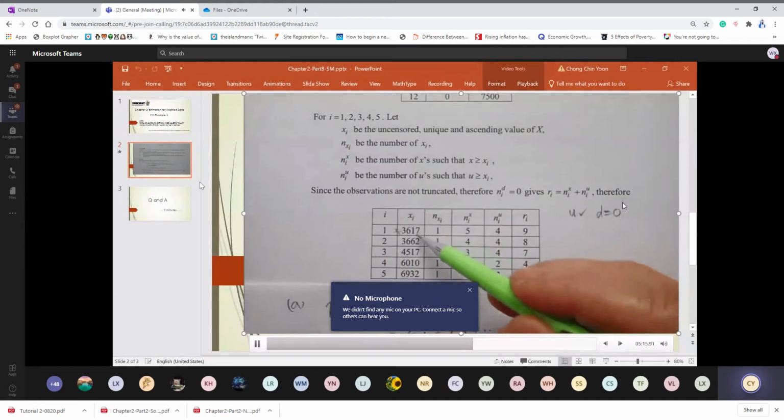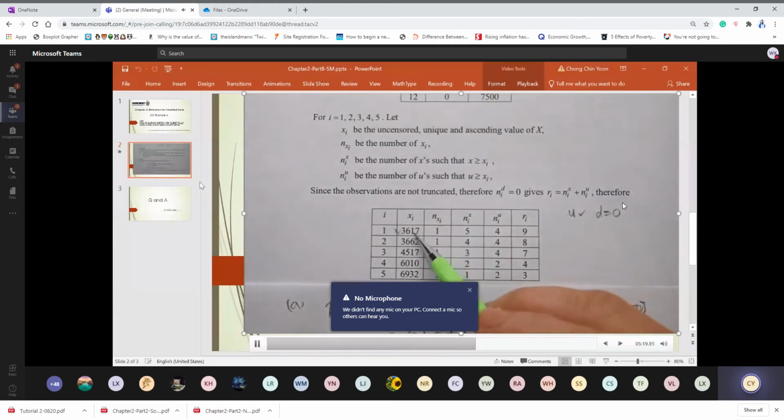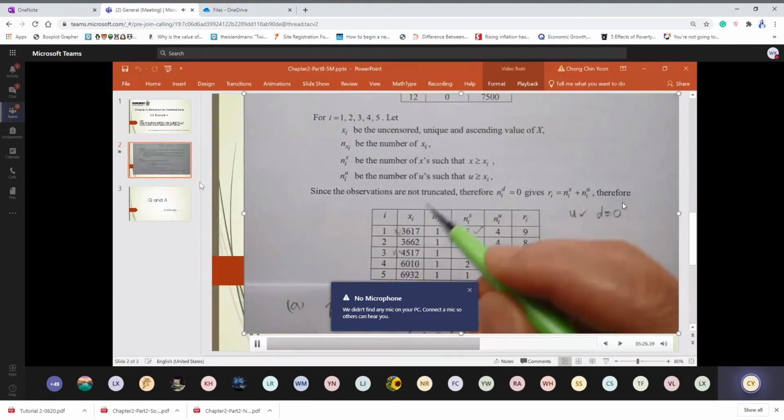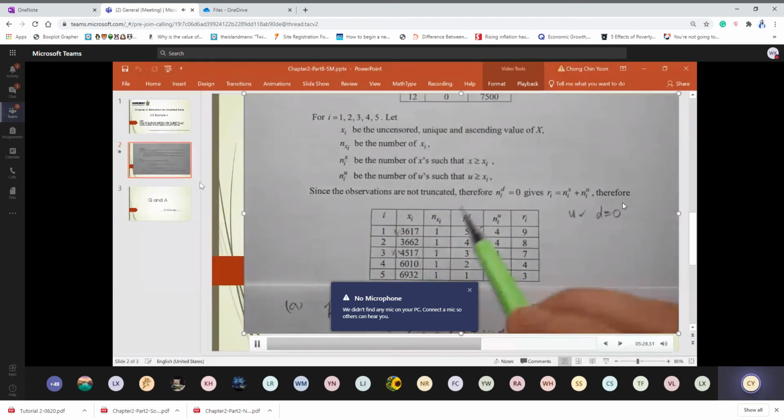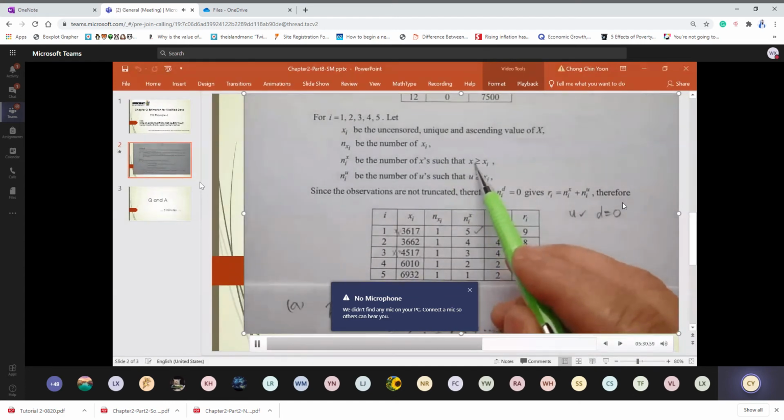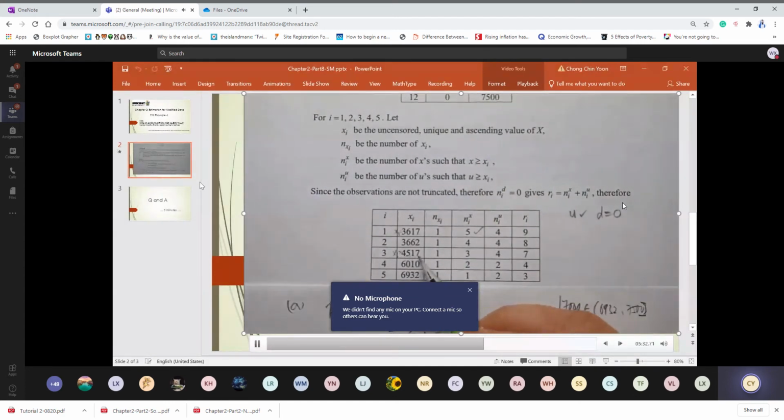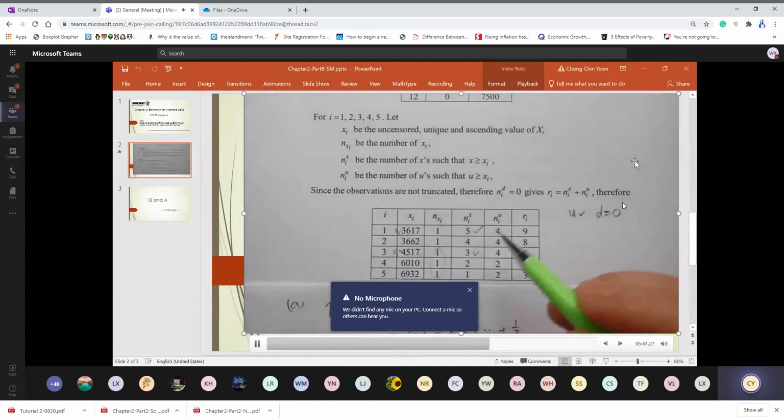From the X values, I have 5, which is more than or equal to 3617. So if I choose x3 equal to 4517, then how many x values are more than or equal to 4517? So I have 3 data which are more than or equal to 4517, and so on.